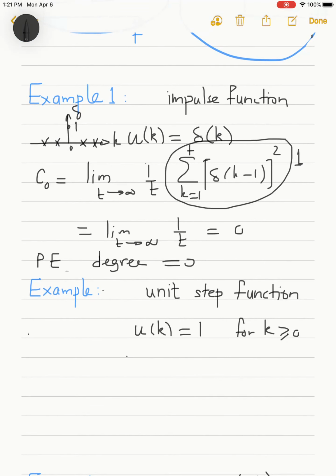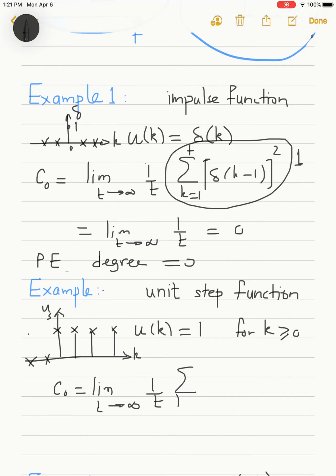The unit step function would be 1 for all positive values of k, and 0 otherwise. This is the unit step function. So if I apply the same definition, I would calculate C0 as the limit as t goes to infinity of 1 over t, the summation from 1 to t of the unit step.